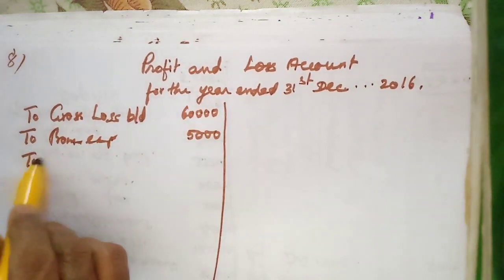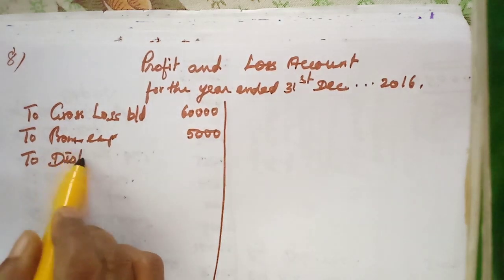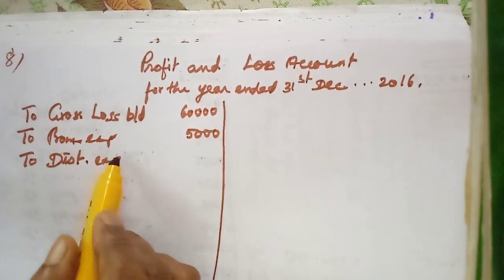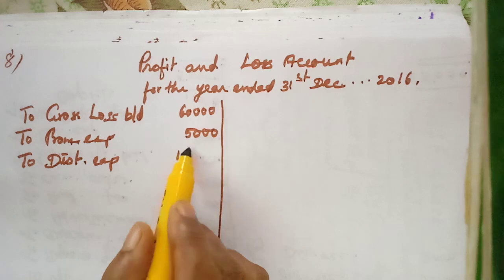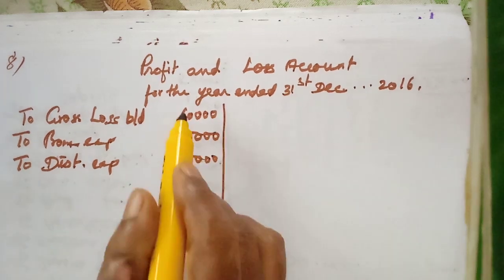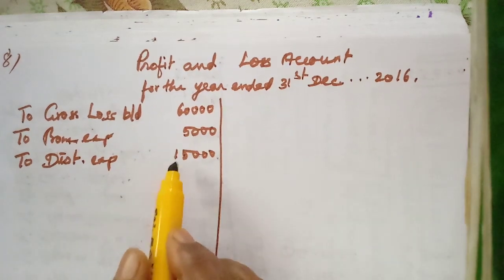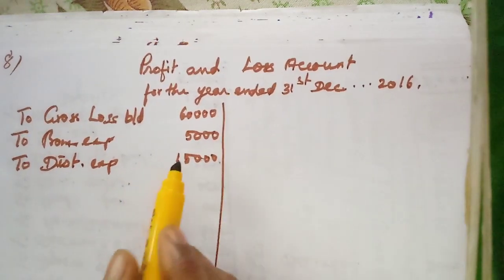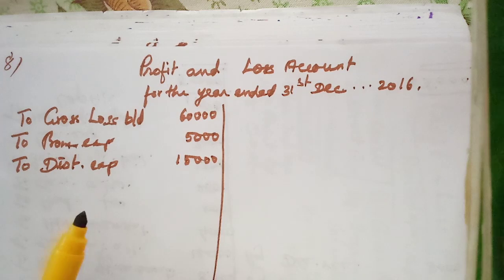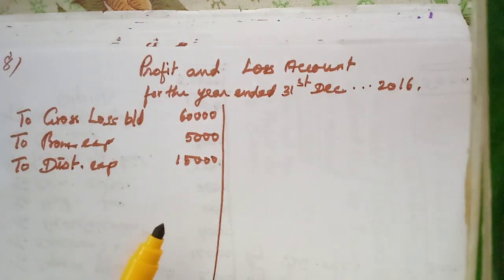Distribution expenses 15,000. When you write the amount, you write digit wise. Okay, correctly you write. You see, it is very easy to add. Okay, don't write all the amounts in the rough paper and add. Don't do that one. Okay, as I do, you have to try to do.